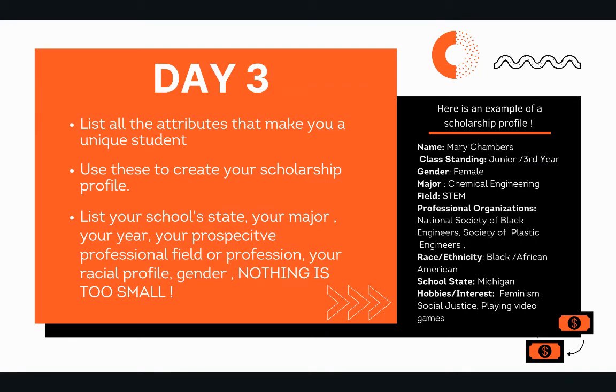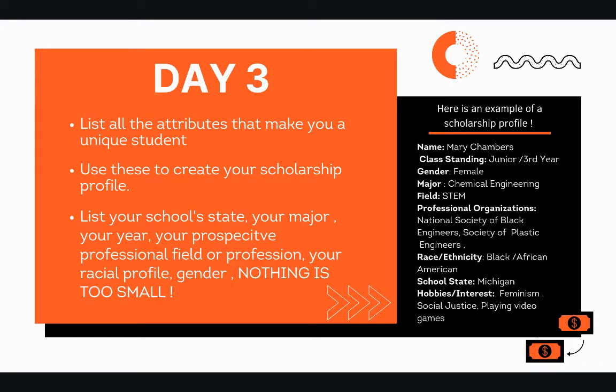You want to create your scholarship profile and have it in a document. Your worksheet is a document that I've created, and you can literally plug your stuff in, but you want to download it and save it and keep it so that you can use it for your future scholarship searches.